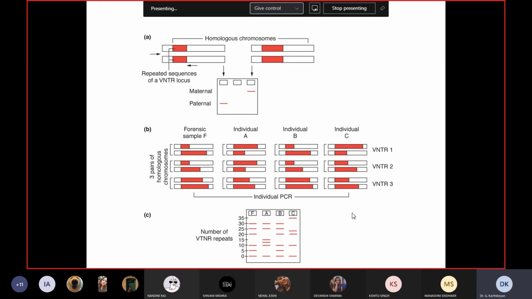I think if I put it on slideshow mode, it seems to be having some issue. Am I audible? Yes, sir. Because my slides are not moving. Give me a minute.